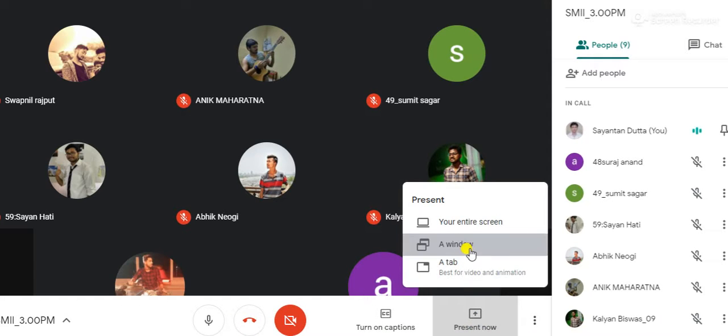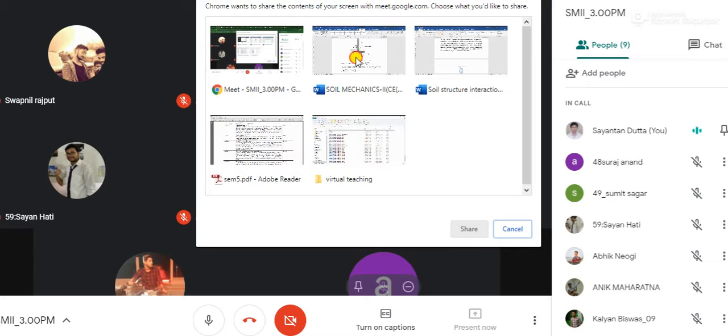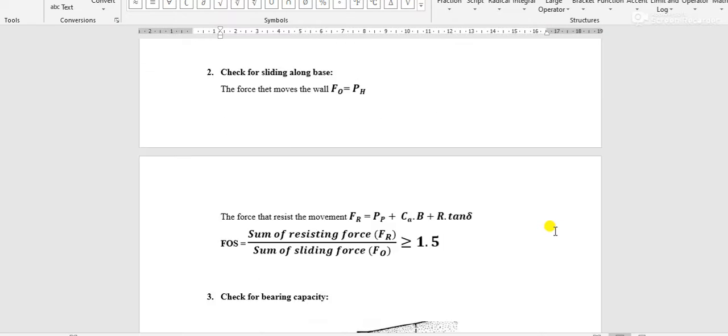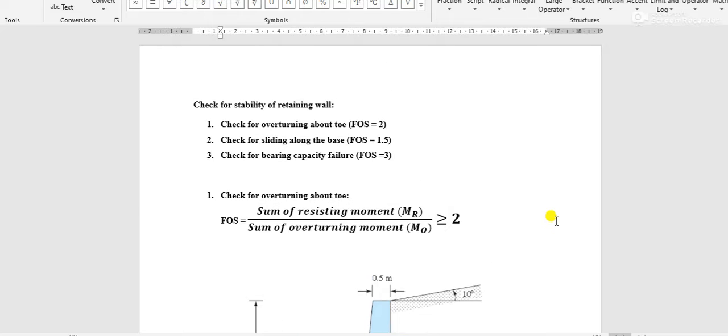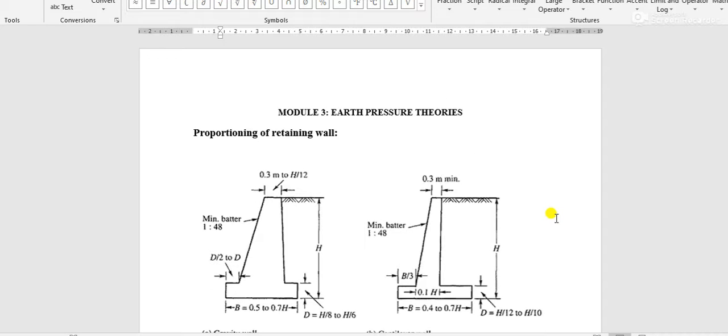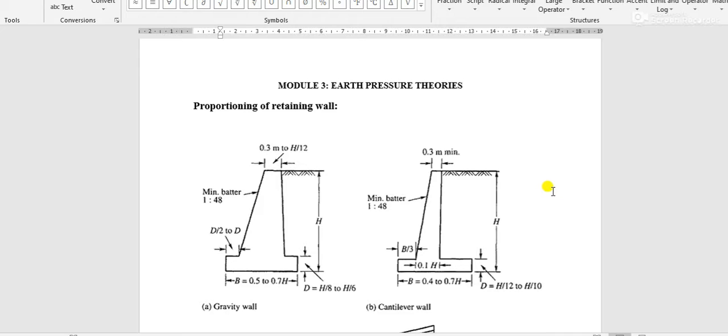we'll discuss the stability check of retaining wall, because a retaining wall should be designed properly so that it can withstand the backfill soil for its design life.